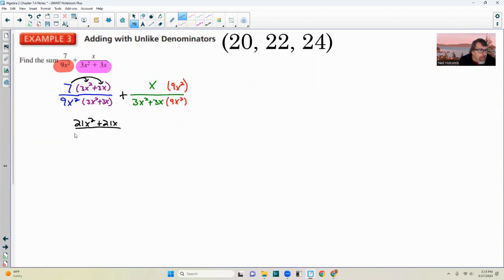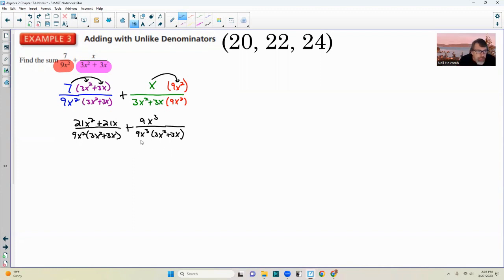Let me just put this as 9x squared parentheses 3x squared plus 3x plus, and then distribute this, and I get 9x cubed over 9x cubed times 3x squared plus 3x. Okay. Whew.